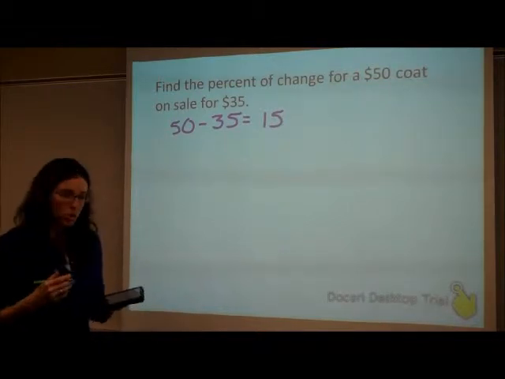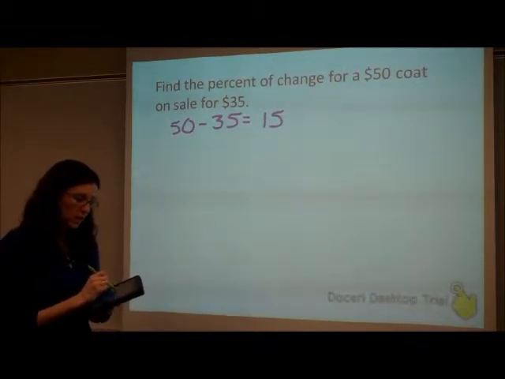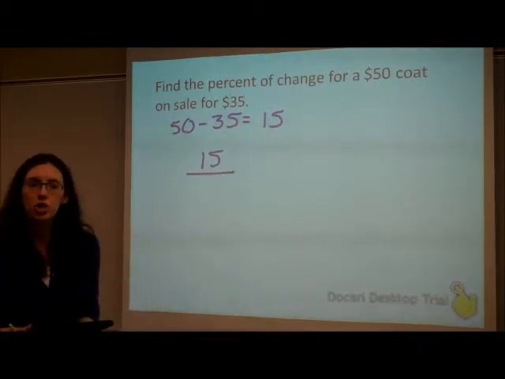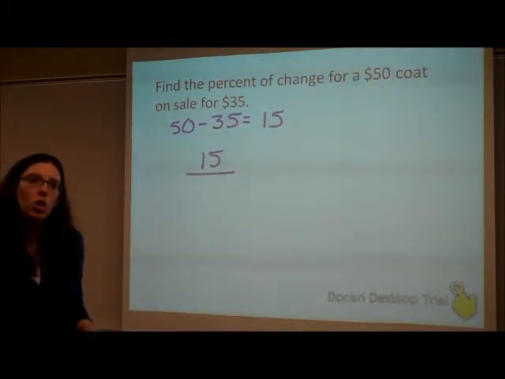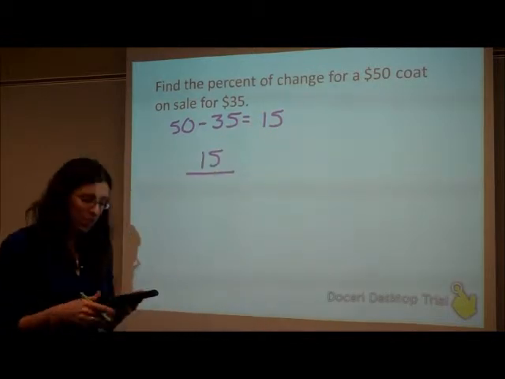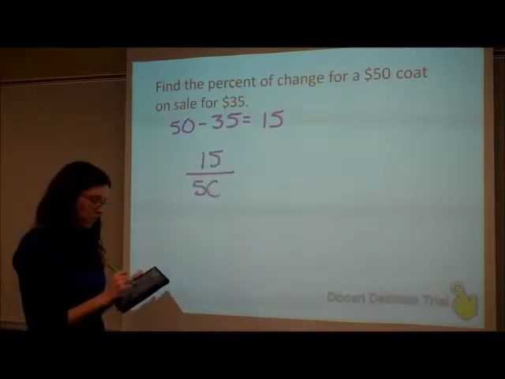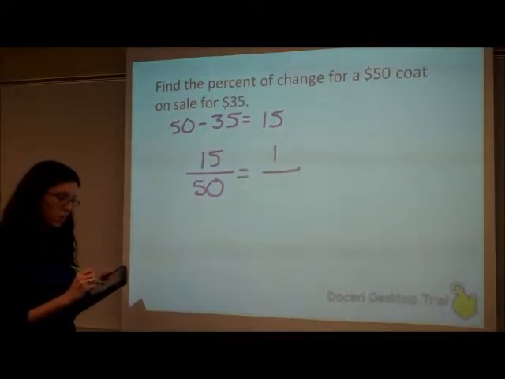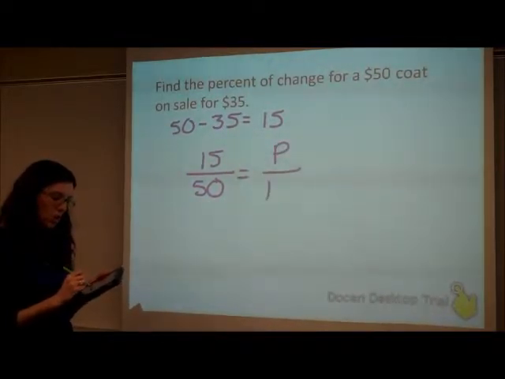So for my proportion, I want the amount of change, so that was the $15, over the original price. What did that coat start out costing? That's $50. So I have 15 over 50, and that should equal my percent of change over 100.